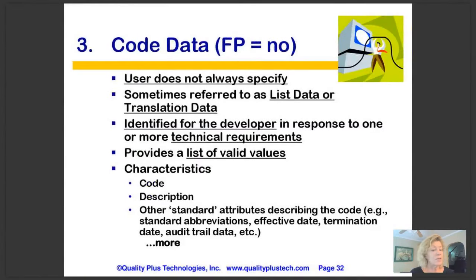Code data, function points are no. These are translation. These are only substitutable. So it's things like my name is Carol. So I might just store that as C. But every time you see the word C, you substitute it for Carol. Now, if we had Carol and my height, that's not substitutable.